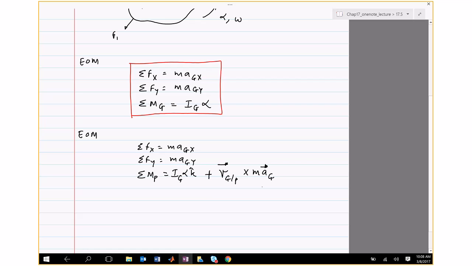When you take the cross product of two vectors which are in the plane, so the vector r from P to G is some vector in the plane of the paper, and acceleration of G is another vector in the plane of the paper, the product is given by curling your fingers from the vector r to a, and that vector always points in the k direction, or out of the plane.